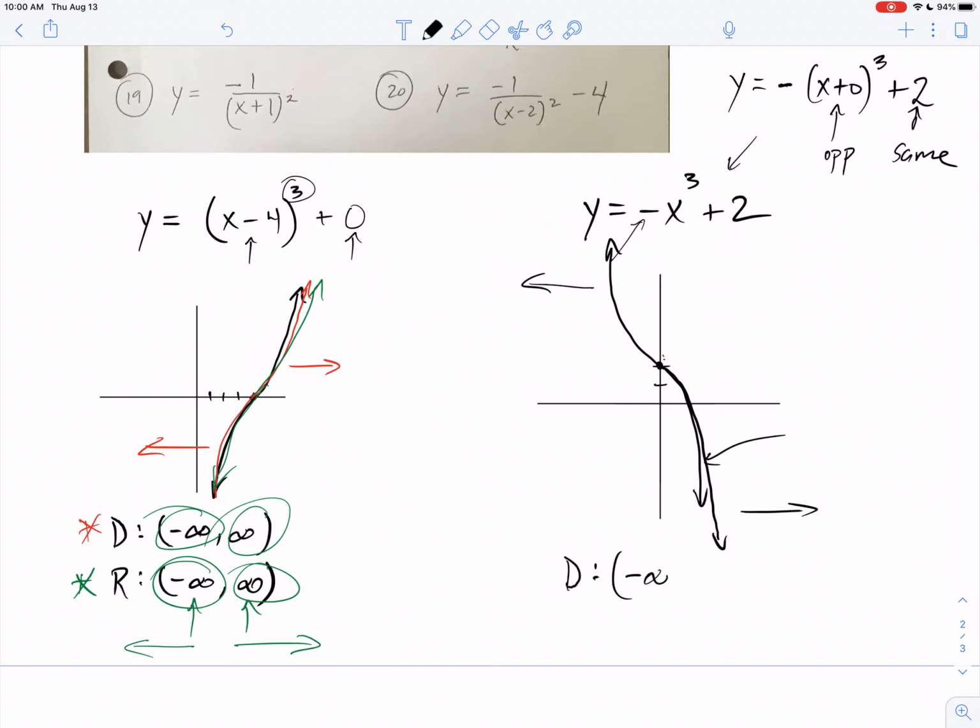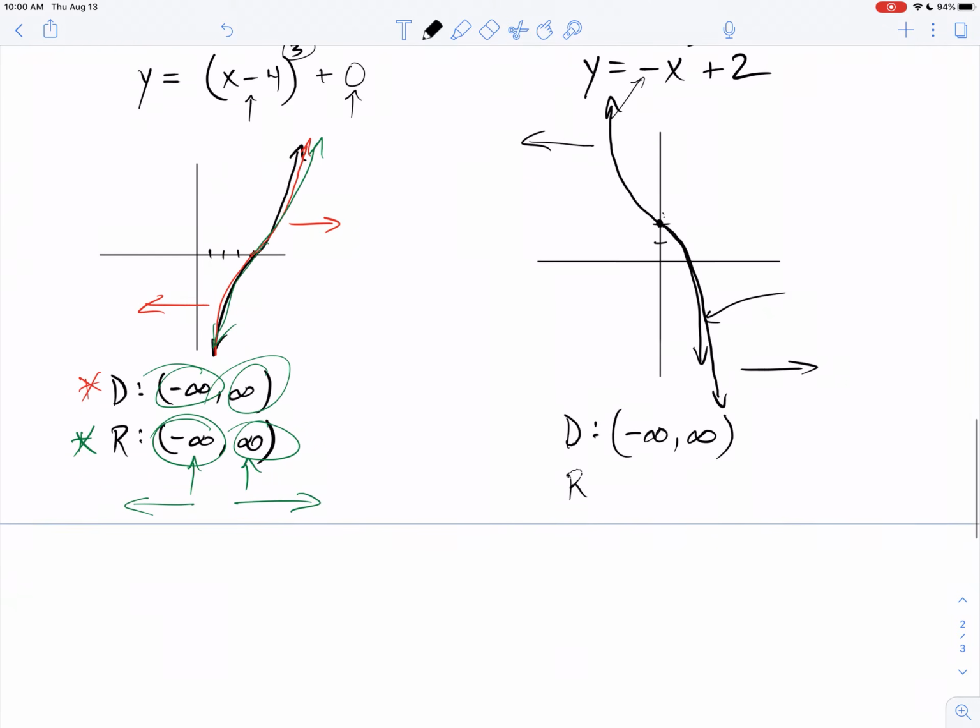It's always going to be this for a third power graph when you're doing domains and ranges. You cannot graph this function without that happening, even though it's been flipped. So one strategy that makes it easier to draw a flipped third power graph is draw it in two pieces, right?